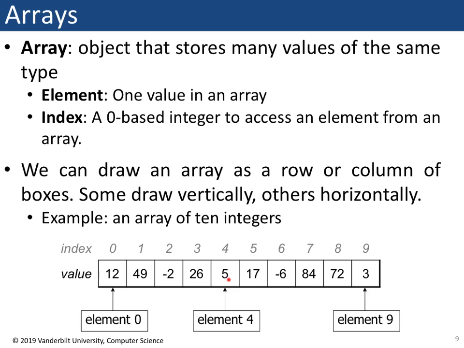This is element 4. This is element 9. This is how we would talk about an array. It has elements, and it has an index. If we wanted to talk about this -6, we would say something along the lines of element 6 in the array has the value -6. Element 0 in the array has the value 12.